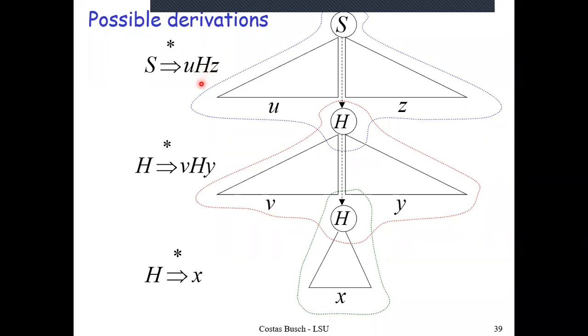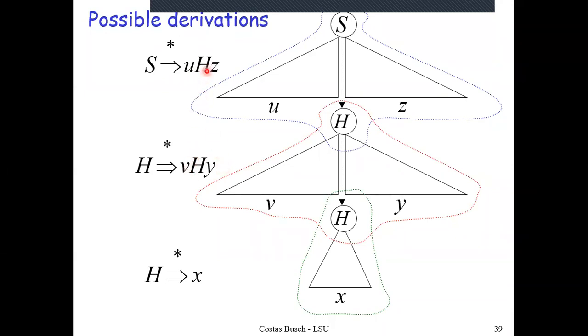So there are two possibilities. Either H is replaced by VHY, or this H is replaced by the substring X. If I repeat it by H replacing VHY, I would have one copy of V and Y. And if I use it again, I would have two copies of V's and Y's.